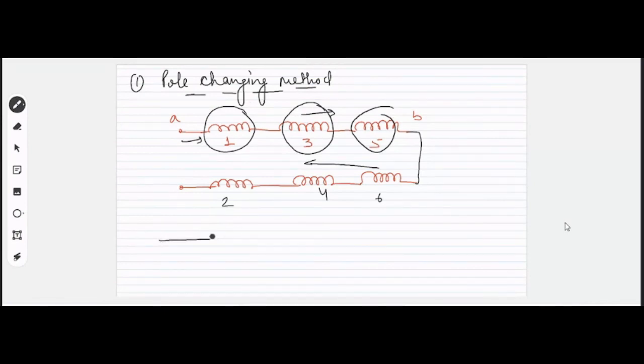We have the two coils. In this there is A and B. This is AB and this is CD, right?